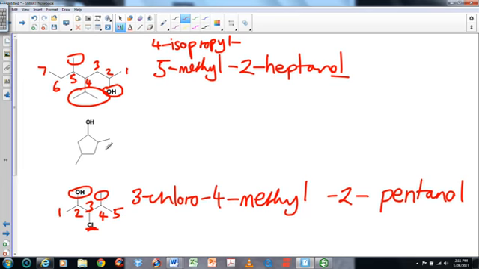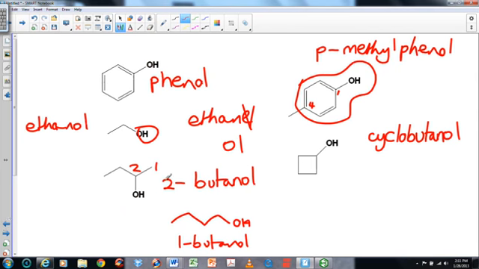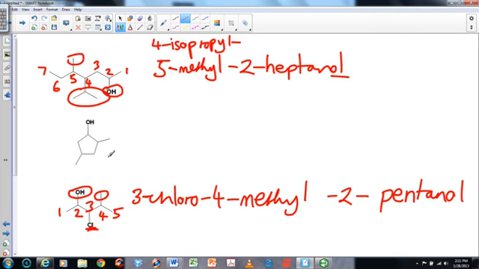Now, for this guy in a ring, if you remember, this was a 4-carbon ring, cyclobutane, so cyclobutanol. Here, this is a 5-membered ring, so therefore cyclopentanol. So I'm going to write that here, cyclopentanol. All right.